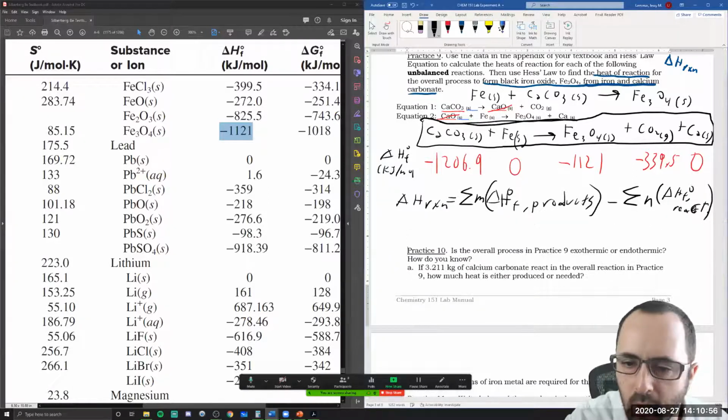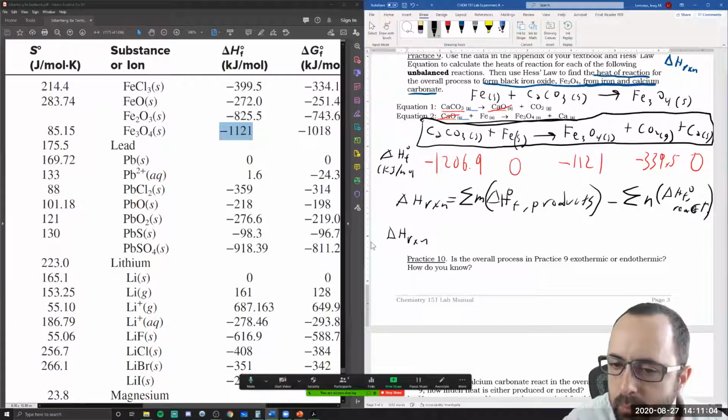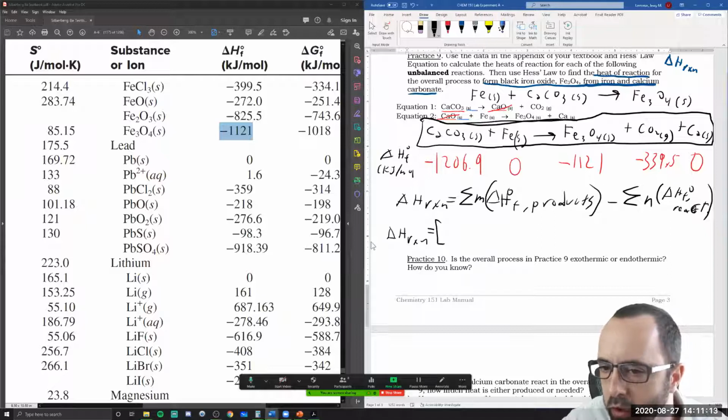So now we can plug those things in there. So the delta H of the reaction is going to be, for products here, we'll add up. Well, actually, let's double check that this is balanced first before we continue.